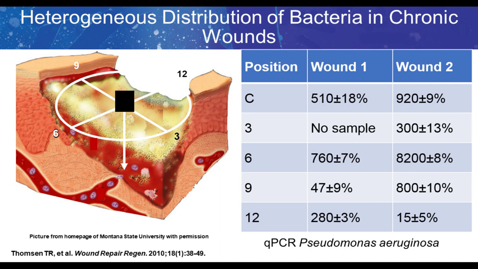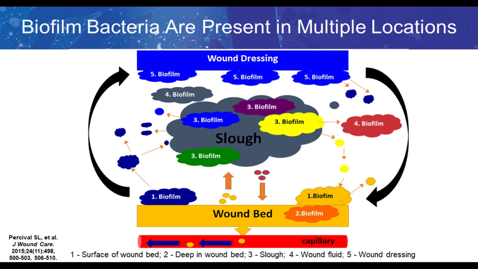And what you can see is that the distribution is quite variable, because in position number 6, there's 8,000 colony-forming units per biopsy, but in position 12, directly across the wound bed, there were only 15 colony-forming units. So again, showing that the distribution is not uniform across most wound beds.